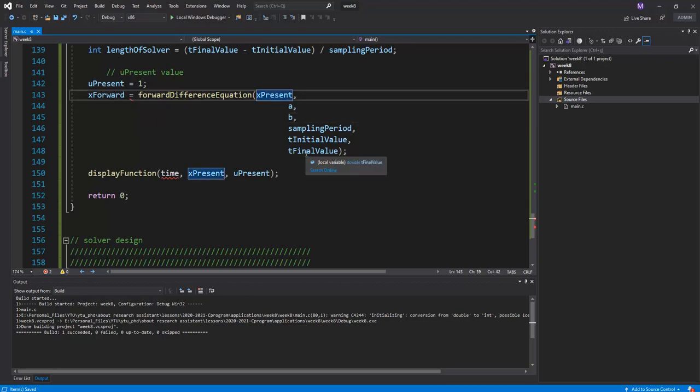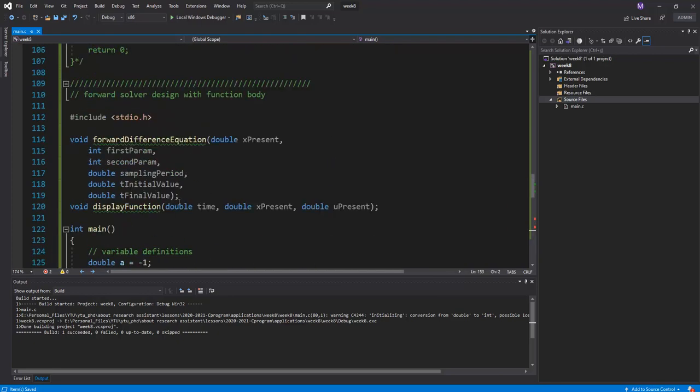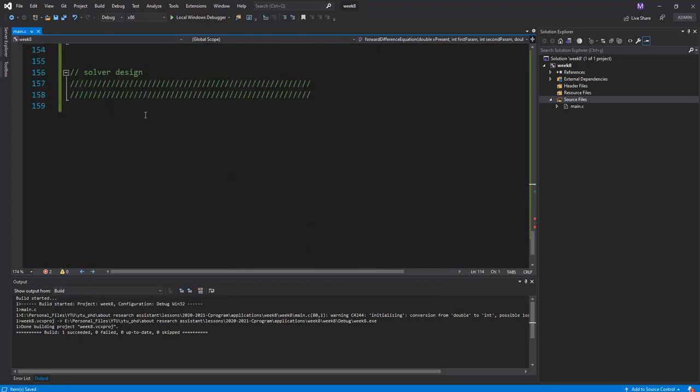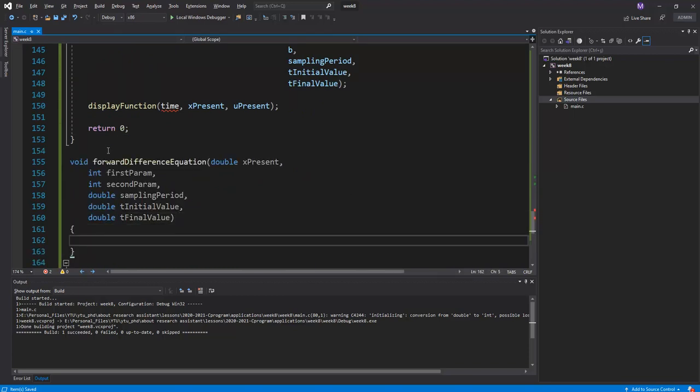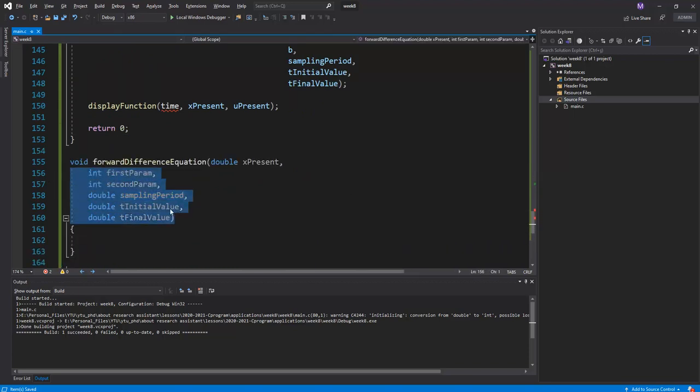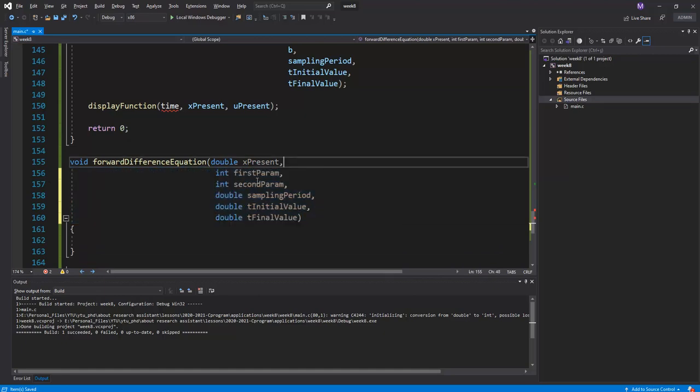And so what about this? The total forward difference equation is designed by using these parameters like this one. This is our general function definition block in here.